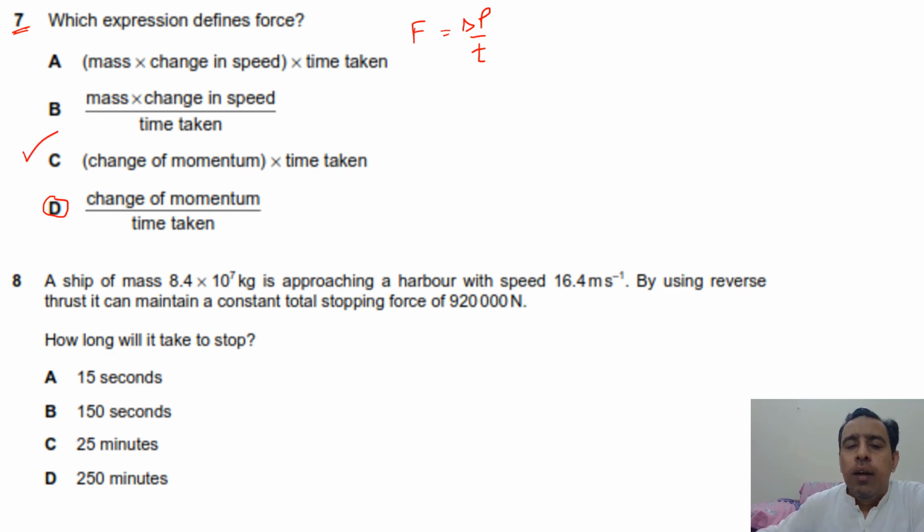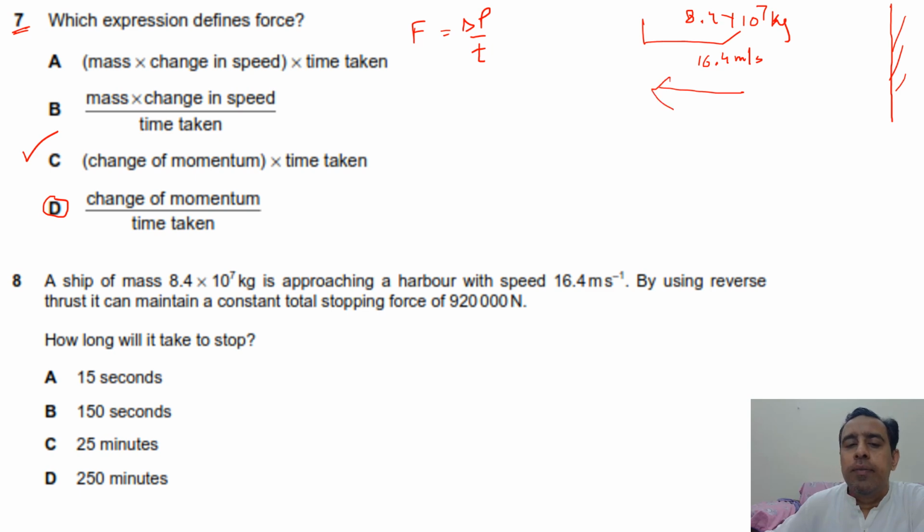Look at here. There is a ship and the mass of the ship is 8.4 into 10 raised to 7 kg, approaching towards a harbor with the speed of 16.4 meter per second by using a reverse thrust.